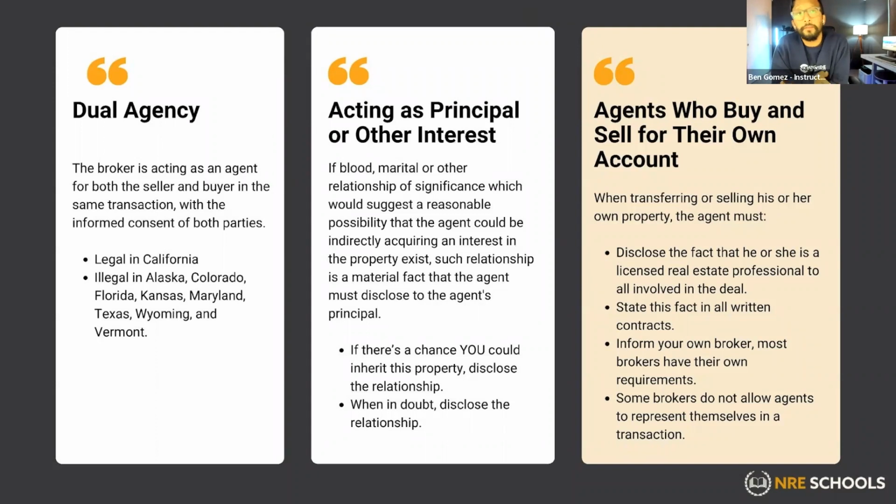But if I were to represent my cousin in the purchase or sale of a property, I would need to disclose, number one, agent related to principal, and number two, principal holds a licensed California real estate license. If I am buying a property, I do need to state that I am representing myself, a licensed California real estate broker.